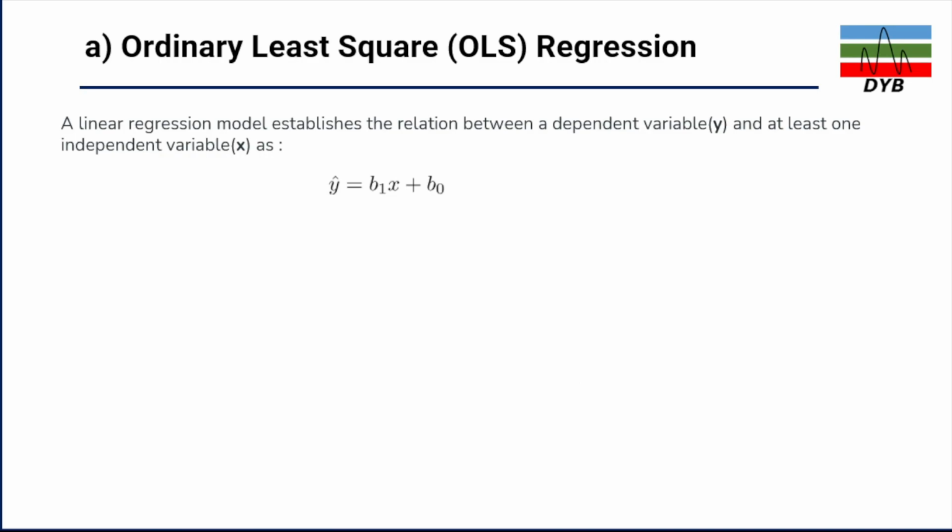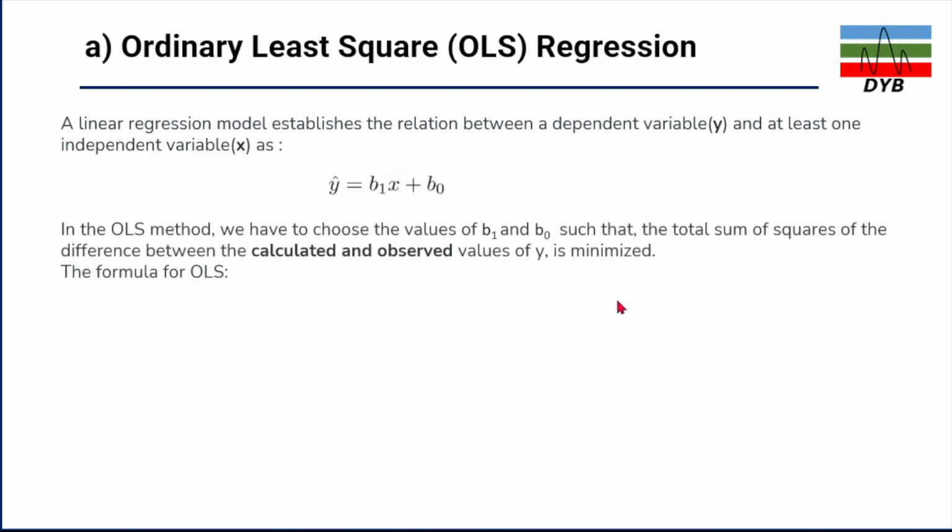In this regression model, it establishes the relationship between the dependent variable, which is y, and at least one independent variable. Let's say y cap is equal to b1x plus b0. This is the dependent variable and these are the independent variables.